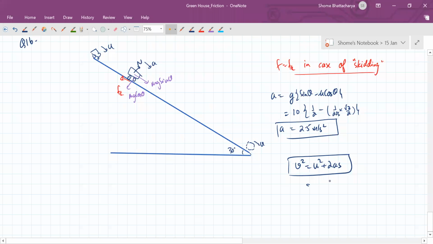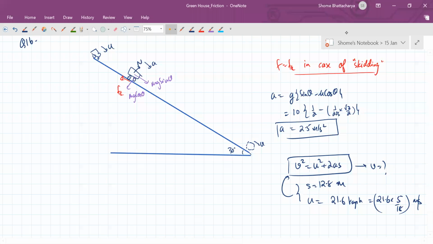The slope length is 12.8 meters. u is 21.6 kilometers per hour, so convert that into meters per second and then substitute all this information here. So you'll get the v. Okay, so hope this is clear.